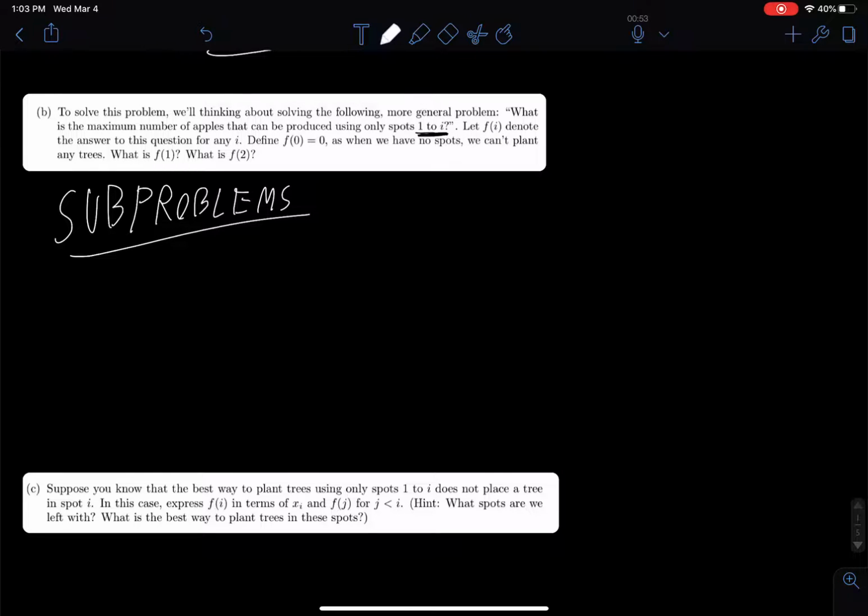So, let's look at some simple examples of this. f of 1. What's the maximum number of apples that we can get using only the first spot? Well, this is to plant at the first spot. This is the number of apples that we get from planting at the first spot. What about f of 2? What if we have the option to plant at either of the first 2 spots?